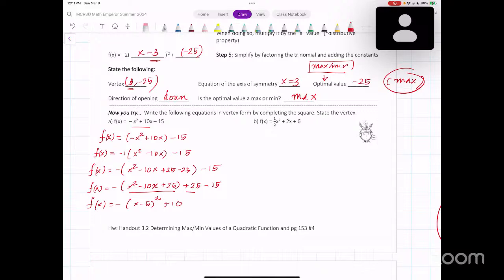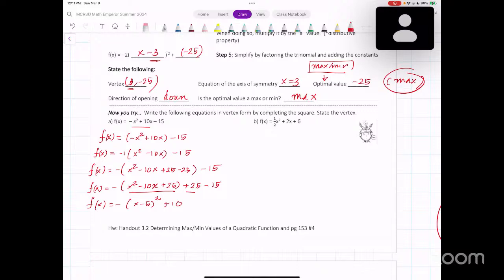All right, can you do the next one, please? See if you understand the process. I showed you exactly what you have to do. Follow the steps. So, on the first step, what did I do?